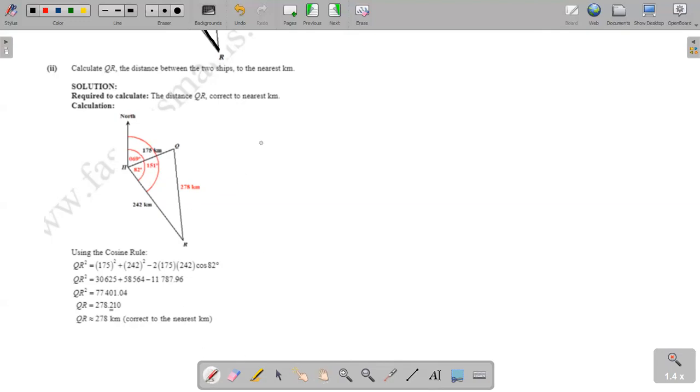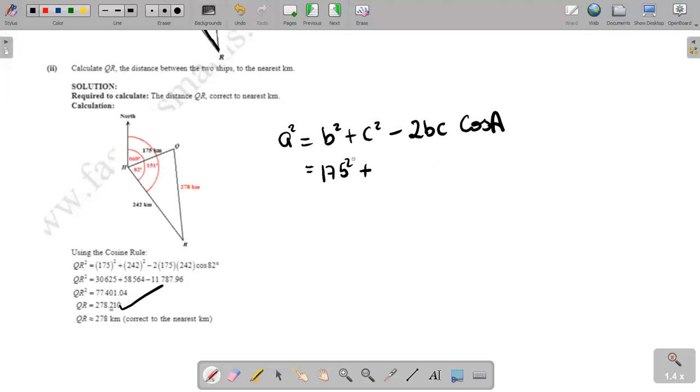Okay, so let's go. The cosine rule, this is the formula, and you find the formula in the exam, right? a squared is equal to b squared plus c squared minus 2bc cos A. For those who feel confident, I want you to try it by yourself and see if you get the same answer, please. Those who need some assistance, let's go. What would be my b squared? One of them, right? Let's use the shorter one. So that's 175 squared. What is c squared?